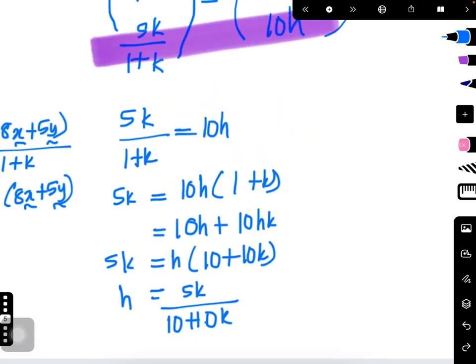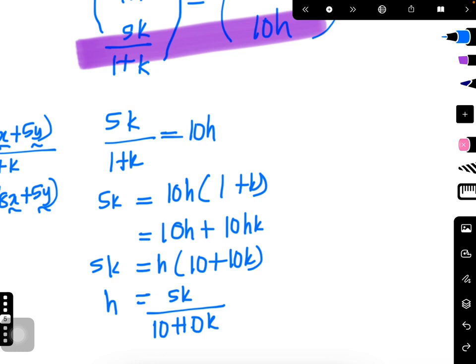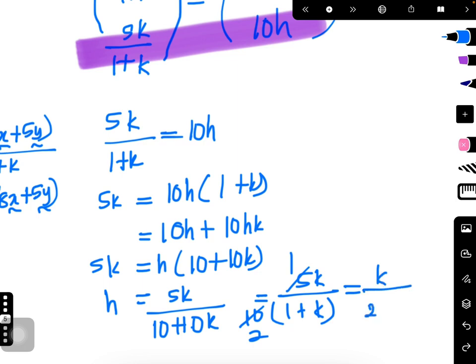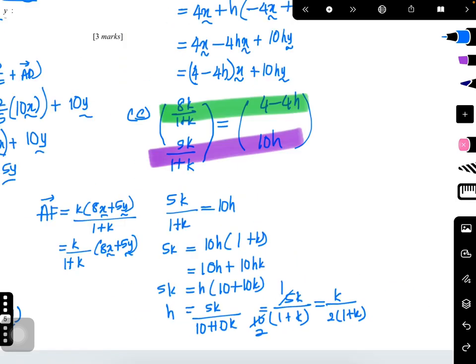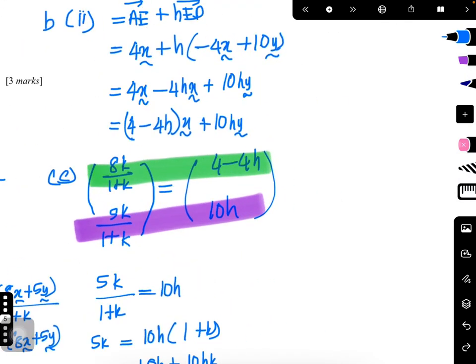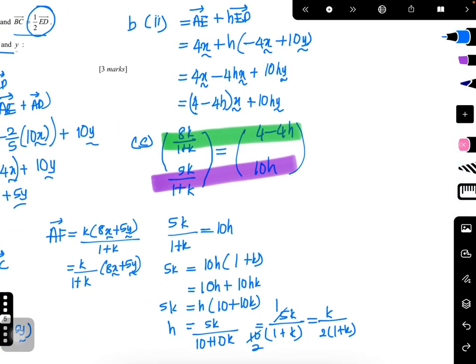Okay, so we can substitute this. We can factorize it into 5k over, we get the 10 outside, so h equal to k over 2 times 1 plus k. Okay, we don't get the value of h, but we get what h is.